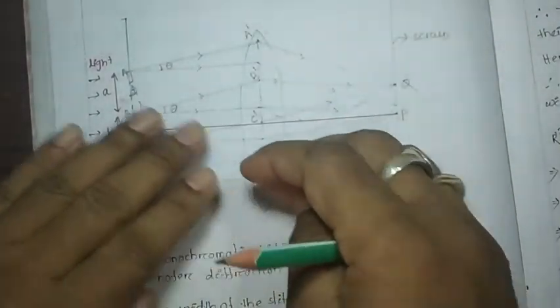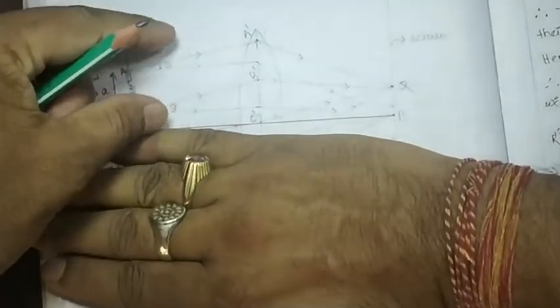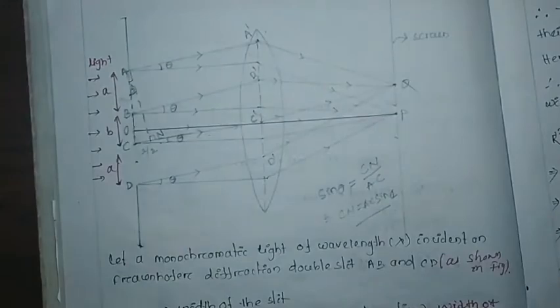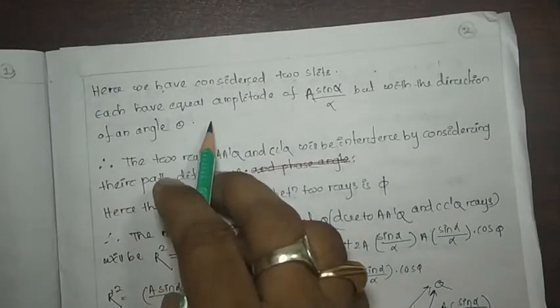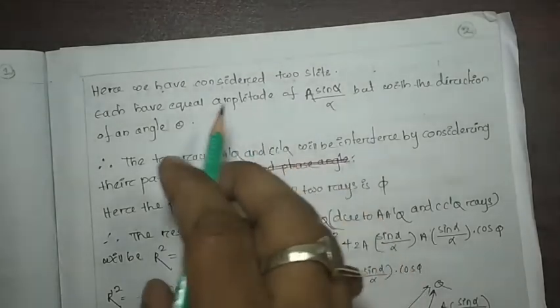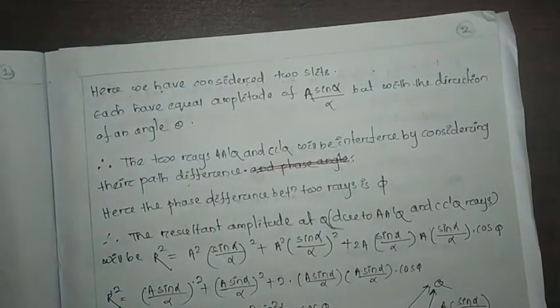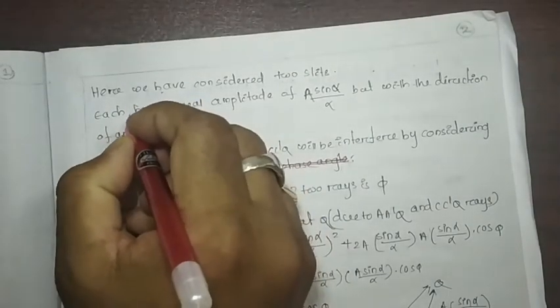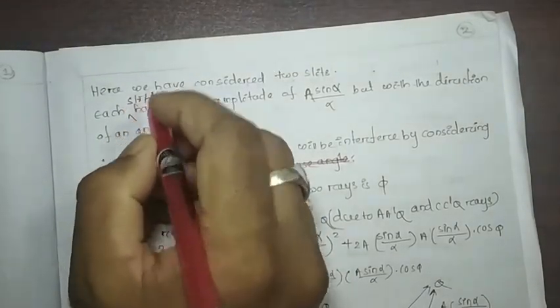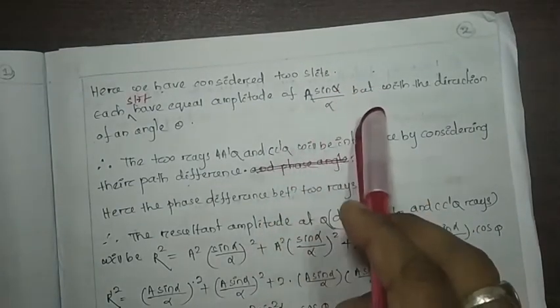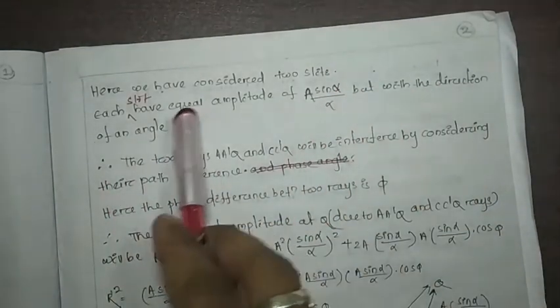So if we consider this portion, this will be a single slit diffraction, and here each slit has equal amplitude of A sin alpha by alpha, but with the direction at an angle theta.